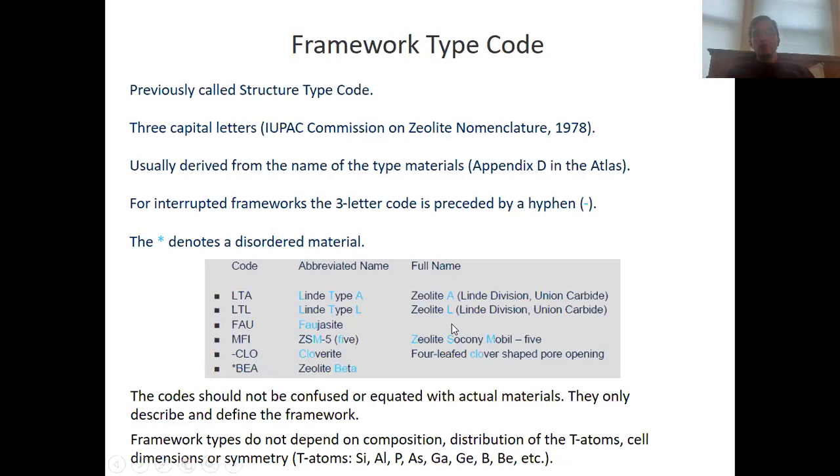So of course there is silicon, but that silicon can be, for instance, replaced by aluminum. It can also be replaced by other elements such as phosphorus, arsenic, gallium, germanium, boron, beryllium, etc.